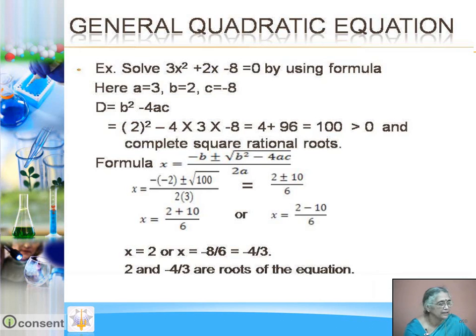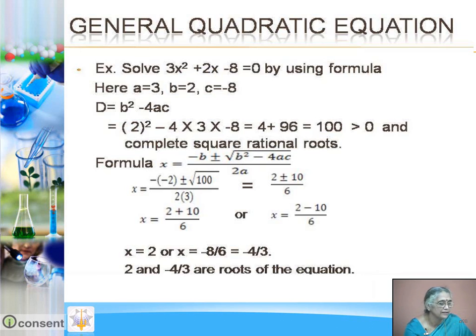So first find the value of D, that is b² - 4ac. Substitute values of a, b, c. We get D = 100. And this 100 is a perfect square. It is greater than 0. So the roots are rational numbers.